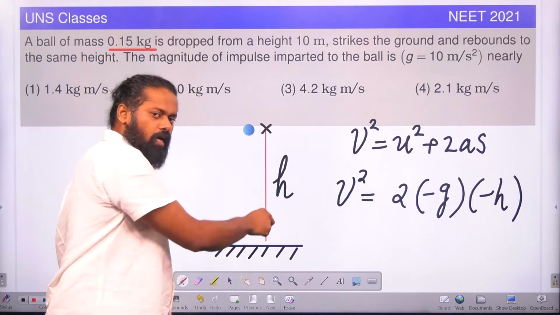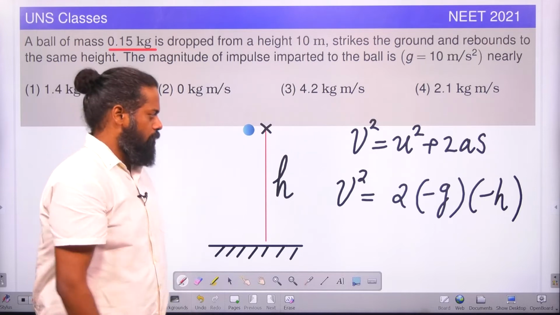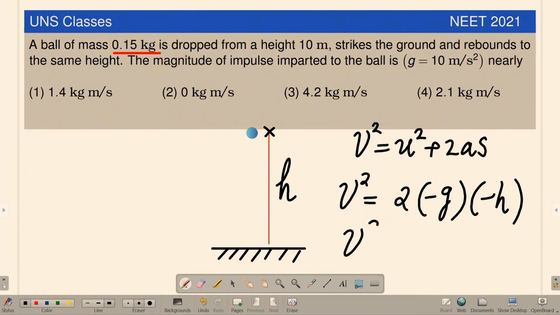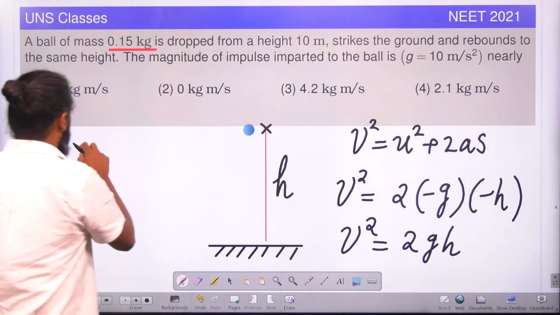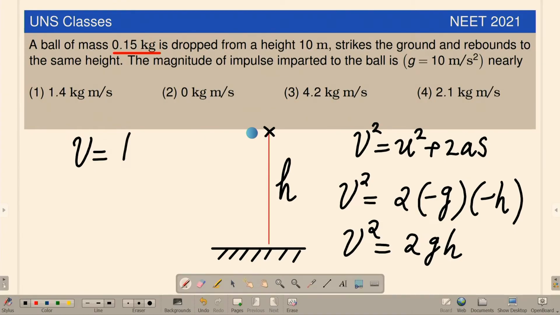So motion is in the negative y direction. Negative, negative will get cancelled out, and you can easily say that v square is equal to 2gh, and v is equal to under root 2gh.